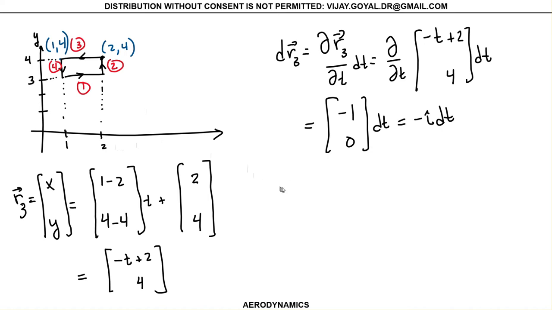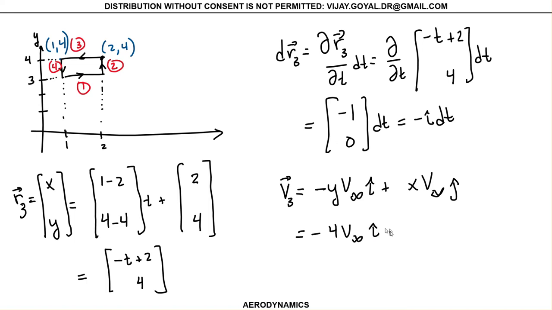And now I want to know what my velocity will be over this segment. The problem said this is minus y v infinite i plus x v infinite j. My y in this problem is 4, so this becomes minus 4 v infinite i.